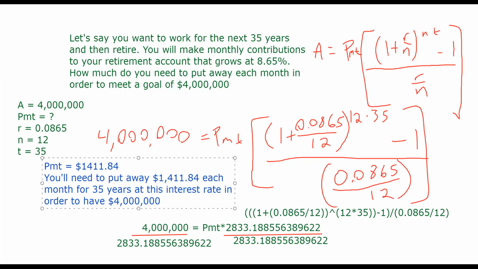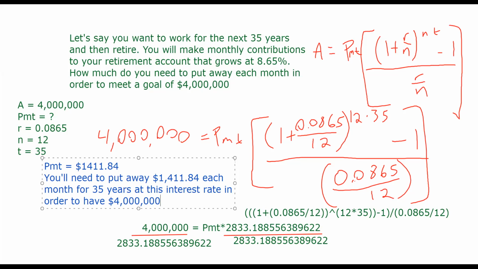So 4 million is a lot of money, but it's going to take a lot of sacrifice. The good news is that let's say you're earning a good enough income, the kind of income you're happy with, and you are able to save that much.